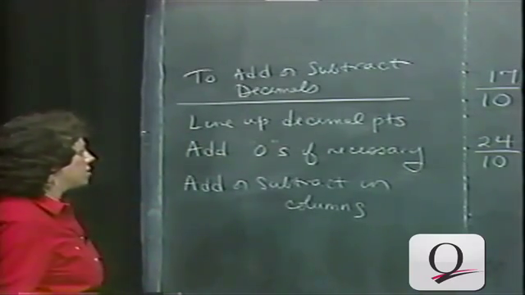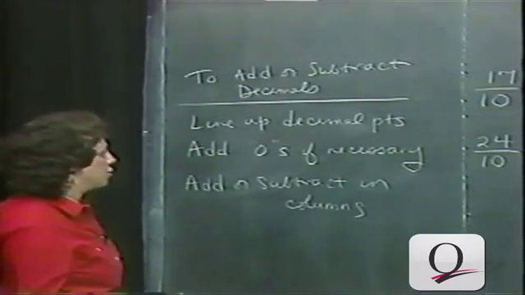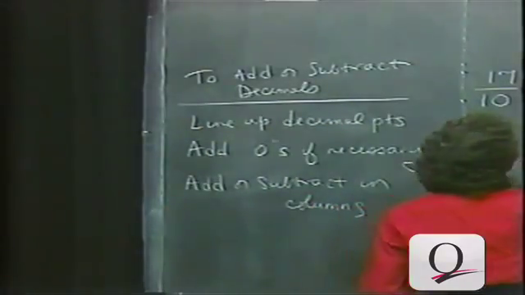So line up the decimal points, adding zeros if necessary, and add or subtract in columns. Let's try some examples.